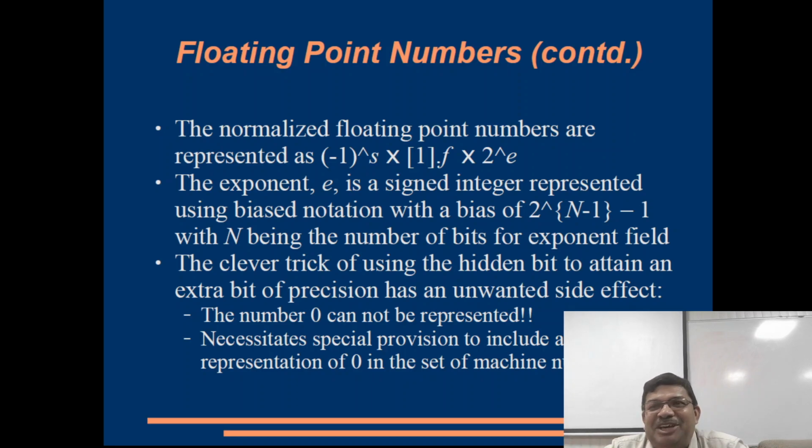While trying to save and extract more precision by using fewer resources, we end up in a very peculiar situation where the number system is incapable of representing 0, because 1 is always there.